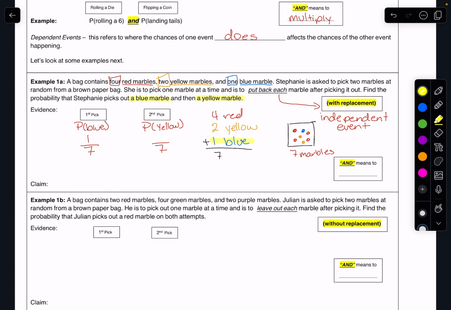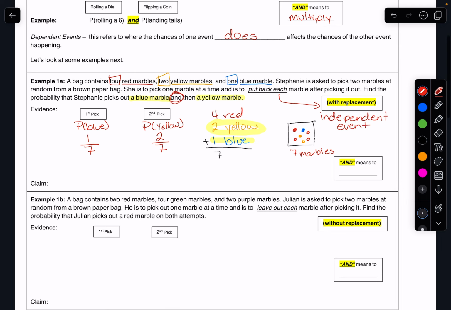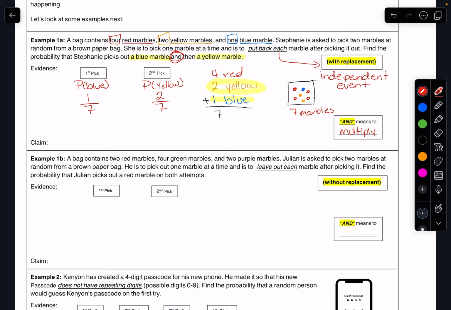And we need to see how many are yellow, and that's 2 out of 7. Because we have this word "and" here, we're going to multiply. So multiplying these together, we get 1 times 2 is 2, and 7 times 7 is 49.